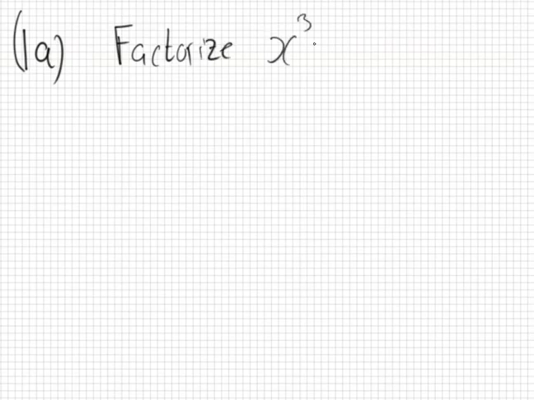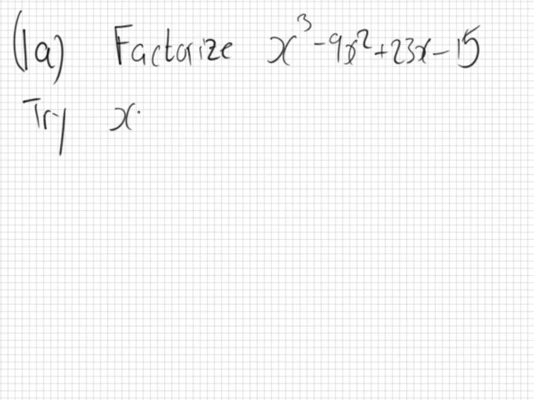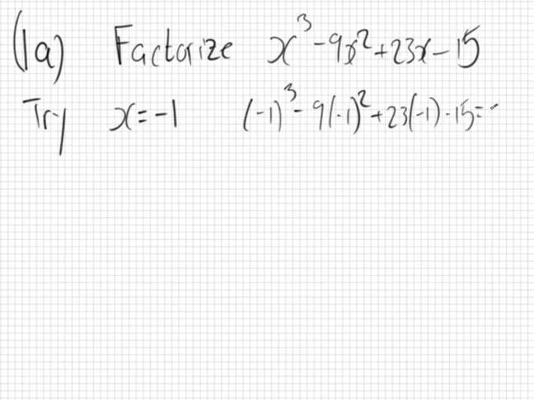Now, the way to factorize it, you have to guess the one answer first. So, try x equals minus 1, and you'll get minus 1 cubed minus 9 times minus 1 squared plus 23 times minus 1 minus 15, and that equals 0.